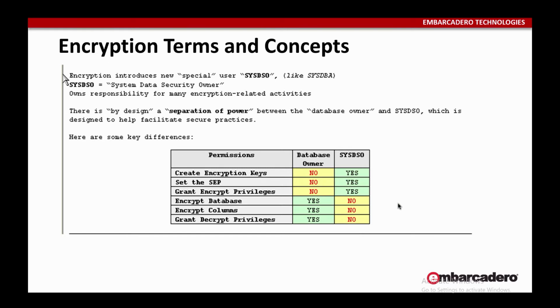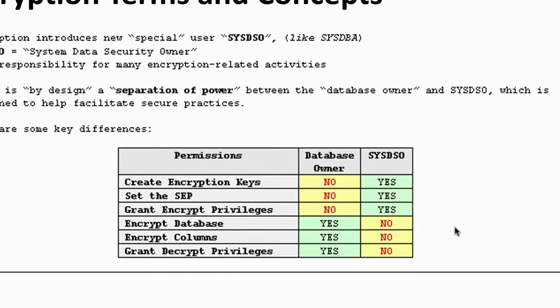So some of the key differences we see in this chart between the sysDBA and the sysDSO are: only the sysDSO can create encryption keys but cannot encrypt. Only the sysDSO can set the system encryption password, the SEP.